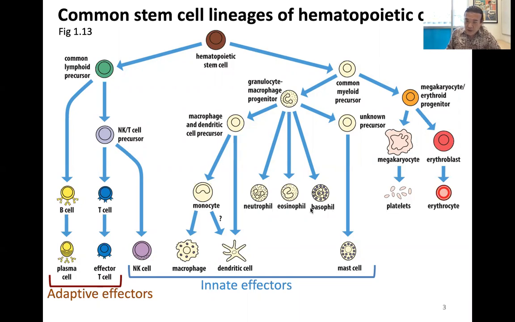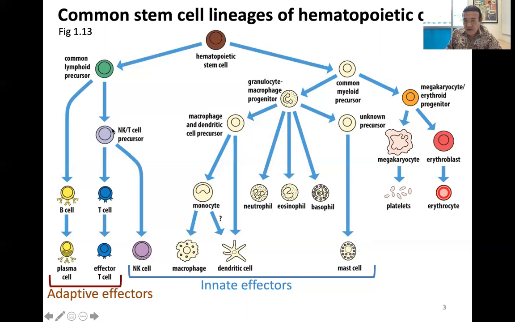So be familiar with some of the functions of things like neutrophils, macrophages, dendritic cells. We have not spent much time talking about things like eosinophils, basophils, and mast cells, but you should at least be familiar that they are part of our innate system. Then we moved on and spent a lot of time looking at our adaptive immune system, which involves our small lymphocytes, B cells and T cells.